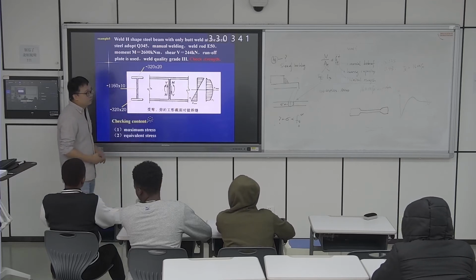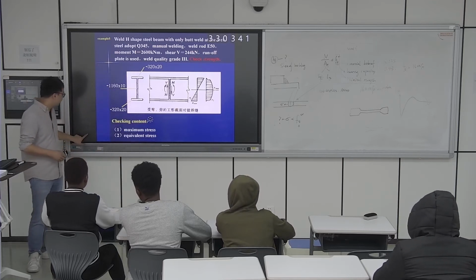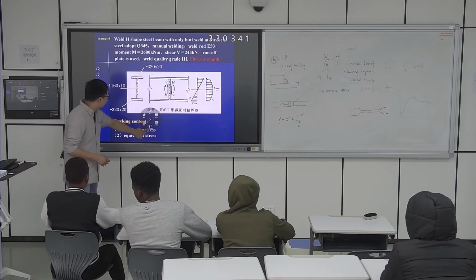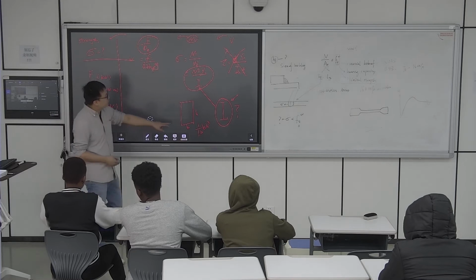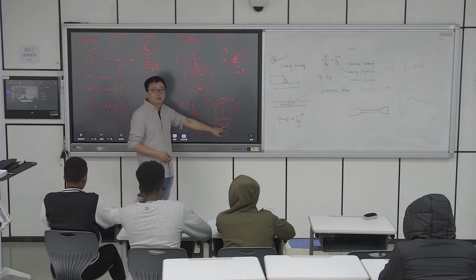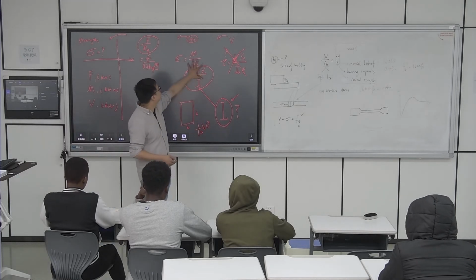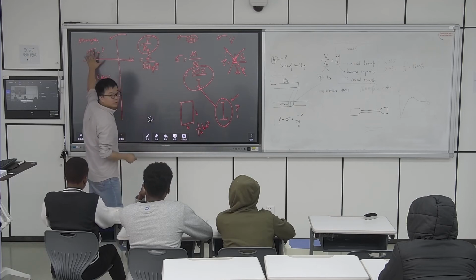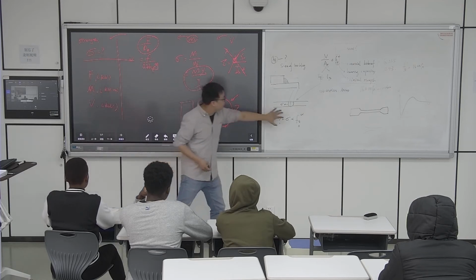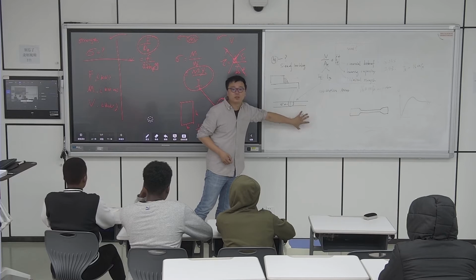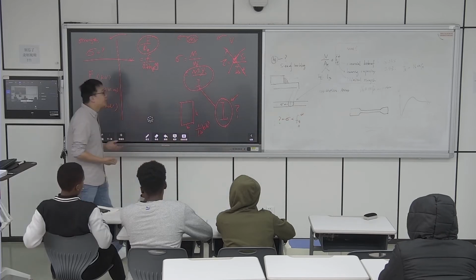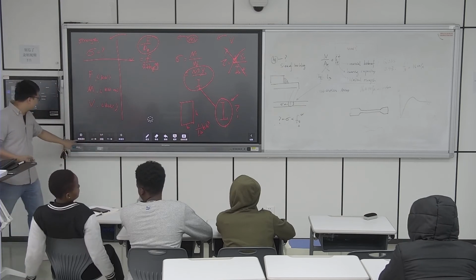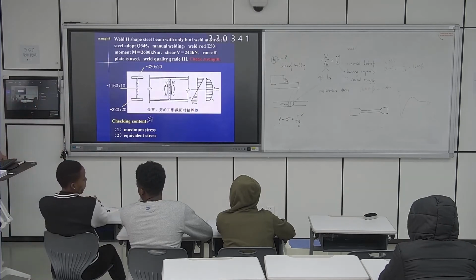So the first step, we have the logic: first solve this problem using this equation. We can get this sigma. When we get the sigma, we can compare it with the material behavior.